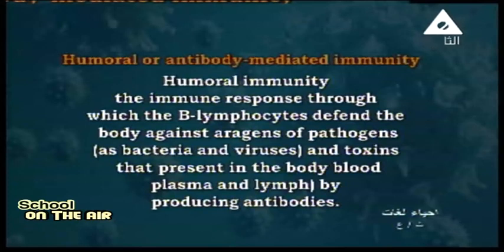Let us describe this slide. When you are infected by a disease, what happens? When a disease like bacteria, viruses, or any toxic substance enters the body, the immune response comes from the white blood cell known as the B lymphocyte, which defends the body against this microbe.